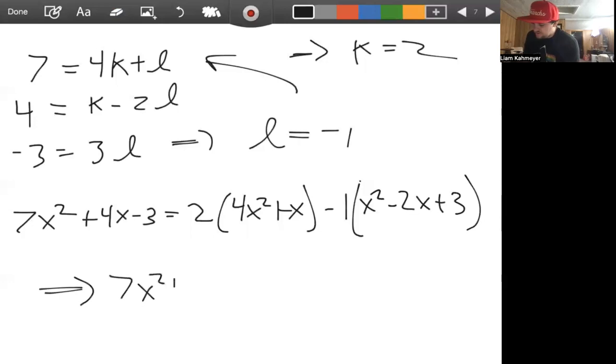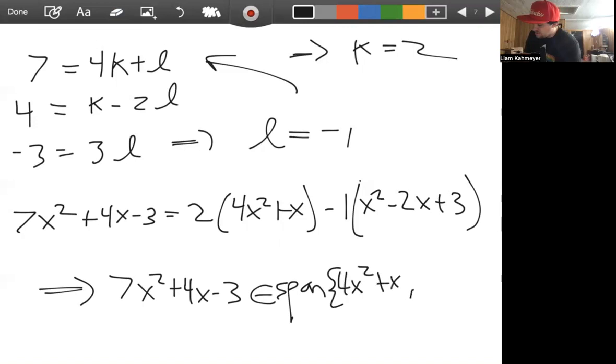So 7x squared plus 4x minus 3 is therefore in the span of 4x squared plus x, comma, x squared minus 2x plus 3.